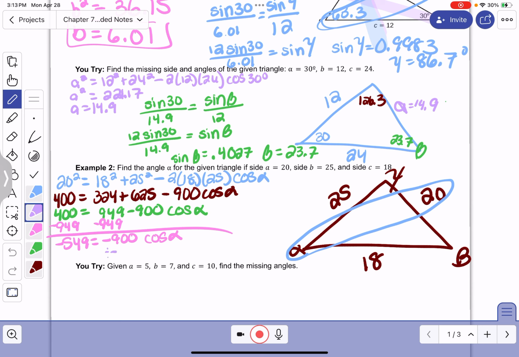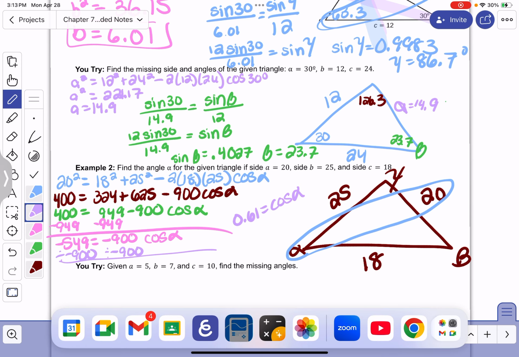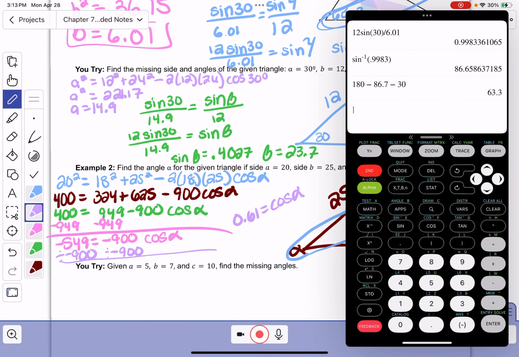Now we're going to divide by negative 900 because that's multiplication. That's the biggest part, is you always want to make sure you're dividing that part. So if we did that, we would get 0.61 equals cosine alpha. And to undo cosine, we do inverse cosine of 0.61. So we get alpha equals 52.4 degrees.